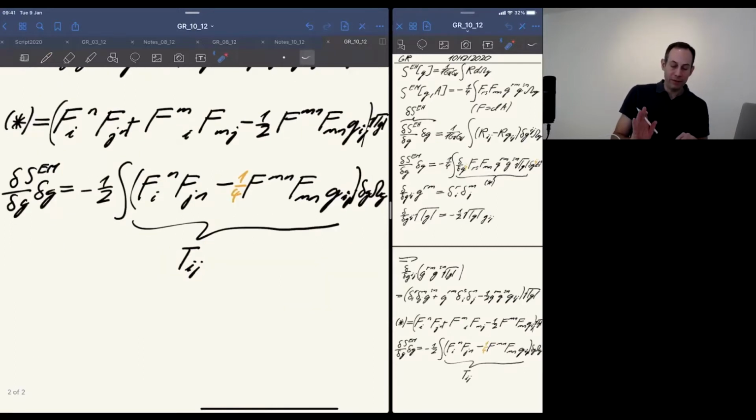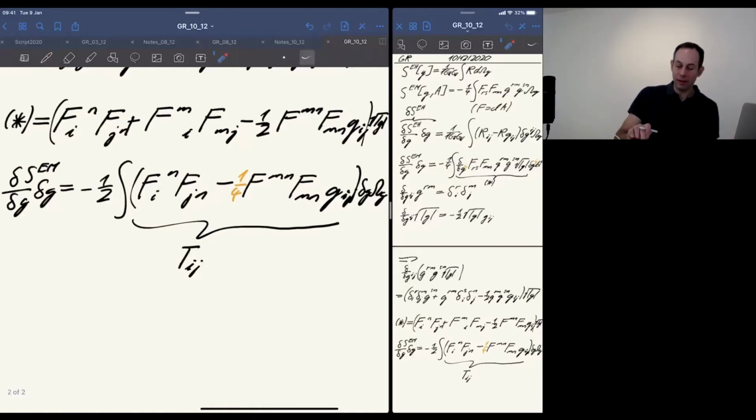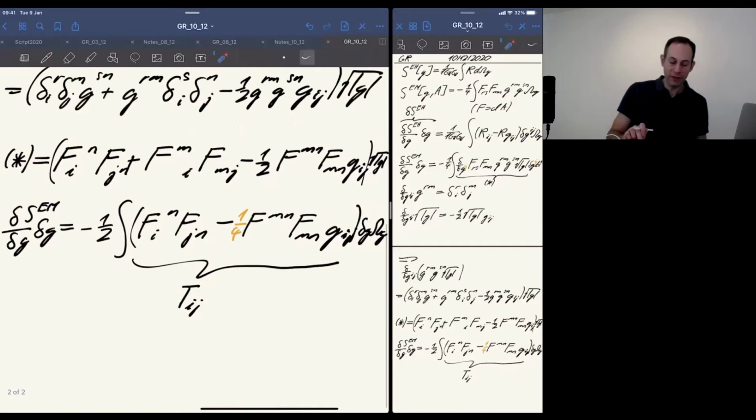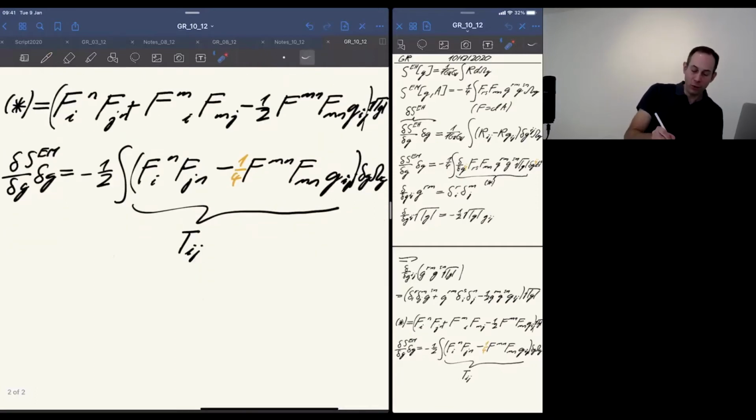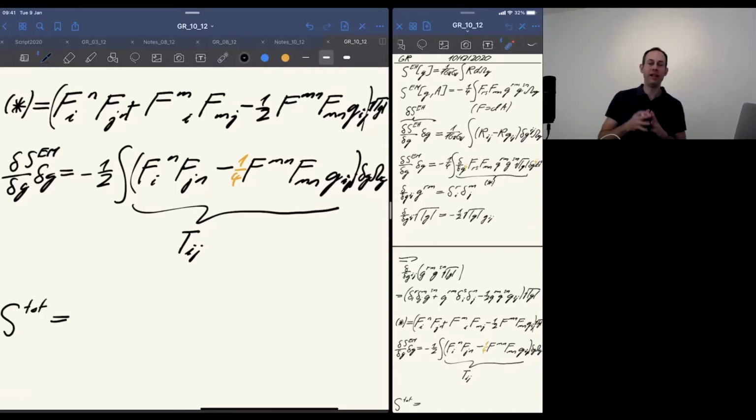Okay, so what have we achieved up to this point? We have two derivatives, and the idea is now that the total action, let's call it S total, of a physical system, could be, let's say, a universe which only has geometry.